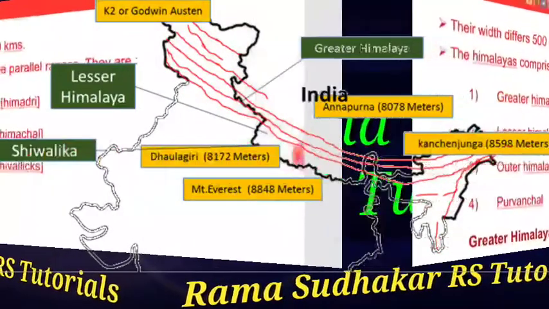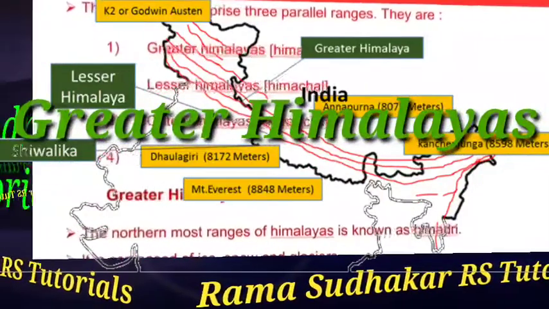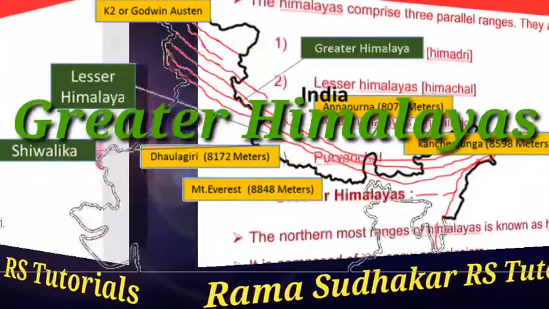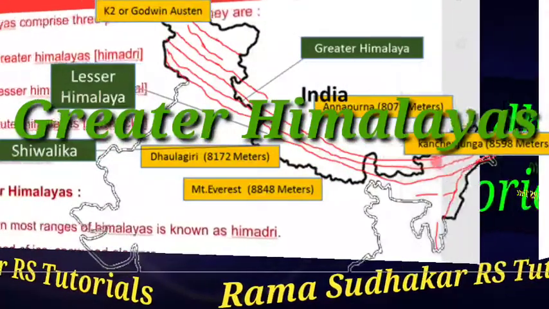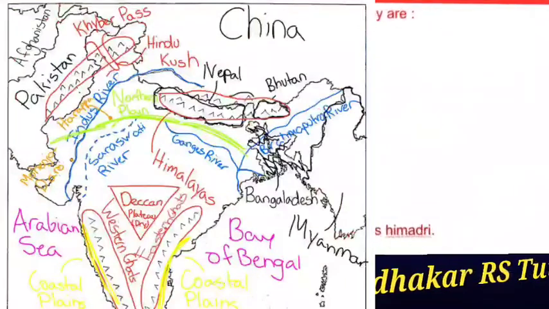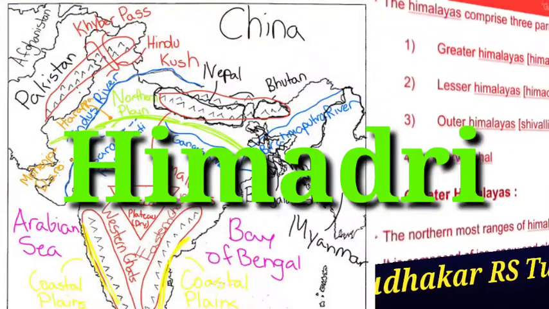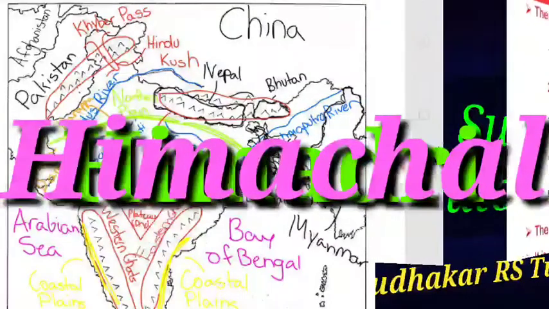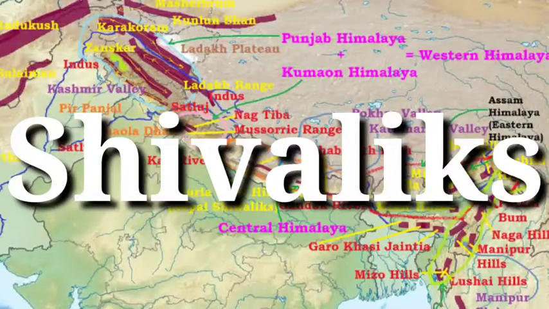What are the three parallel ranges? First one, Greater Himalayas, second one, Lesser Himalayas, third one, Outer Himalayas. The Greater Himalayas are also called Himadri, Lesser Himalayas also called Himachal, Outer Himalayas also known as Shivaliks, and also Purvanchal ranges are there.